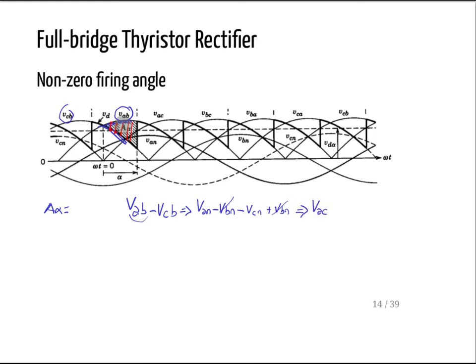So if you subtract two line-to-line voltages, you obtain a different line-to-line voltage.